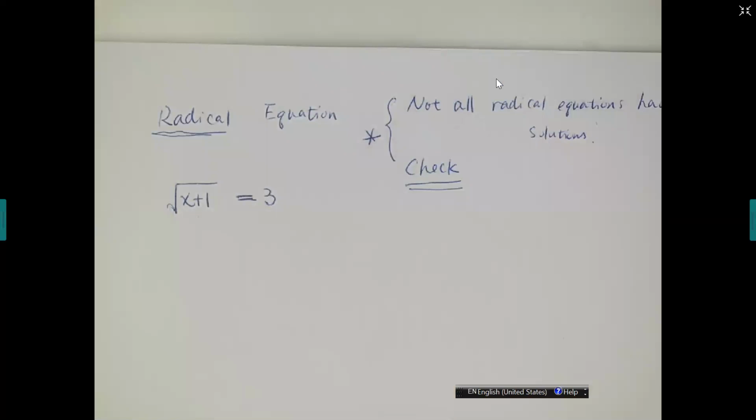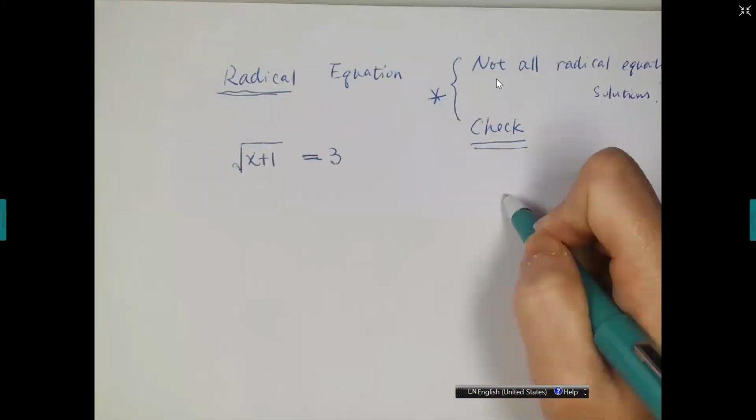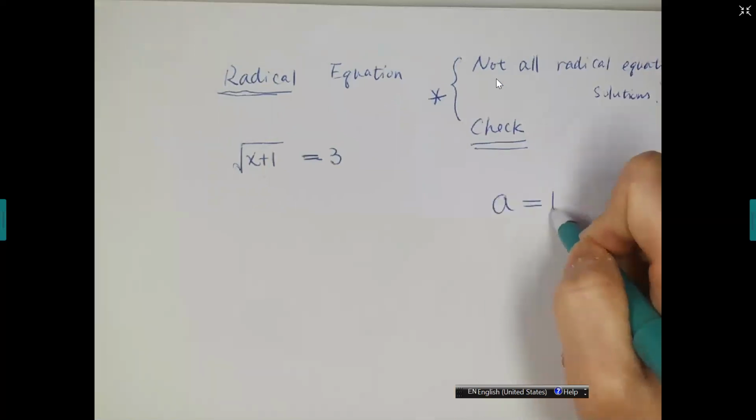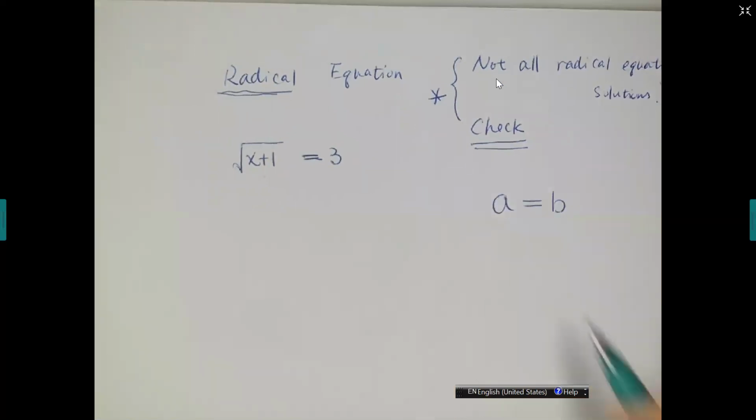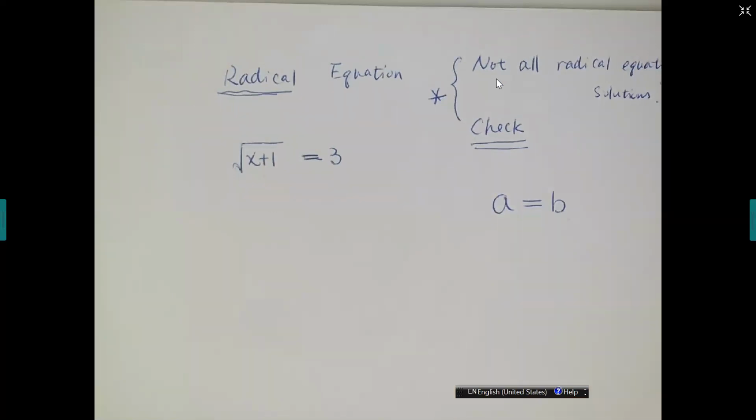To solve a radical equation, we just apply one mathematical rule. It is called the squaring property of equality. In one word, whenever we have an equation, A equals B, it's like a balance, a seesaw. The left side and right side are equivalent.